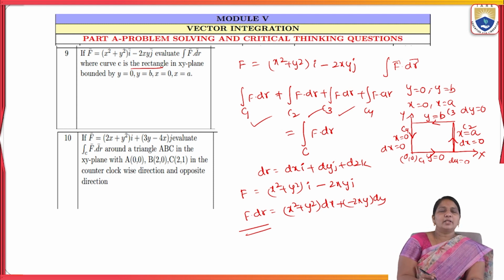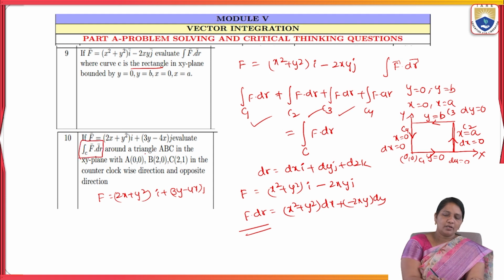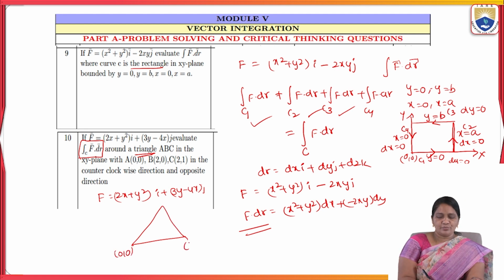We can observe the 10th problem. The given F value is 2x plus y square into i plus 3y minus 4x into j. What they're asking here is how to calculate the line integral, the same for a triangle. They gave the triangle with points 0 comma 0, 2 comma 0 and 2 comma 1.